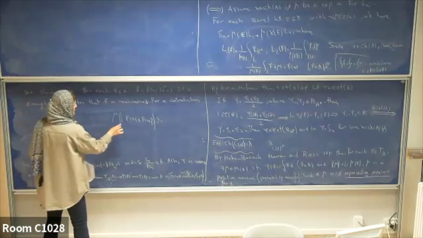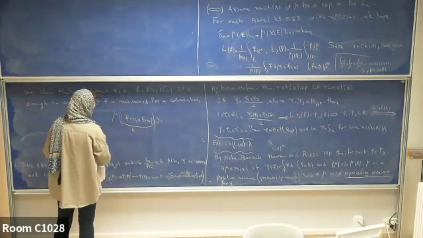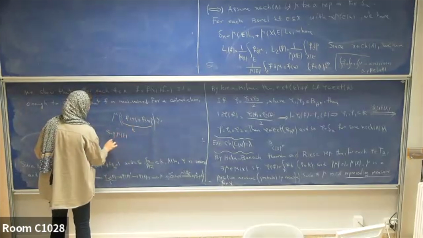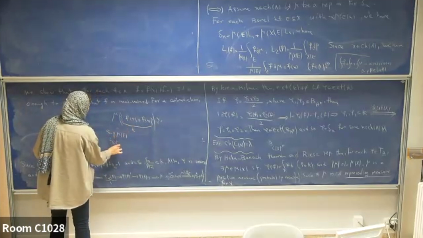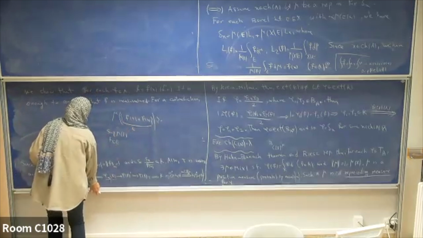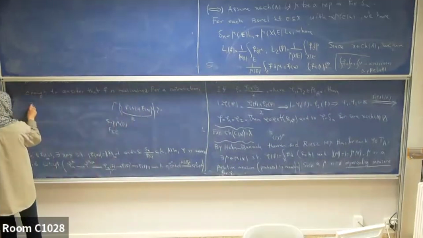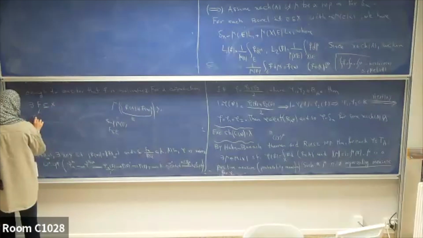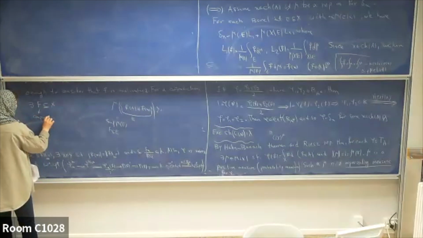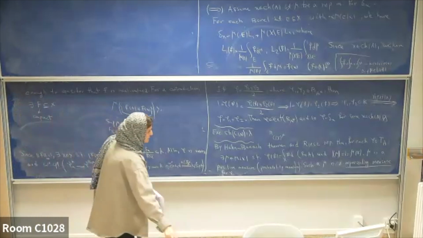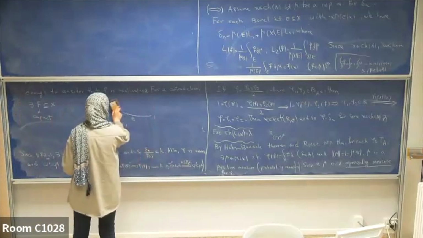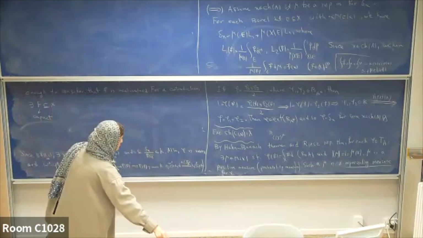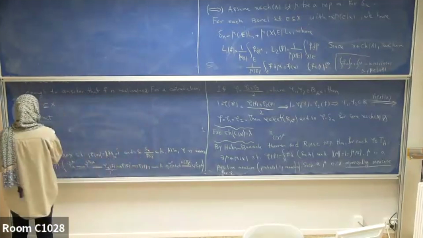So, for example, mu of this set is the supremum of mu of F when F is compact inside E. So we can say that there exists a compact set F such that f is, for example, less than f of x on F. The other side is, of course, similarly obtained.